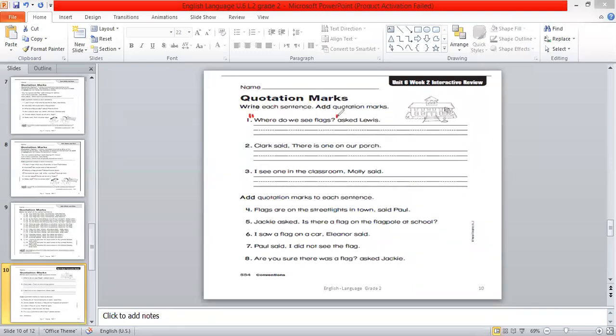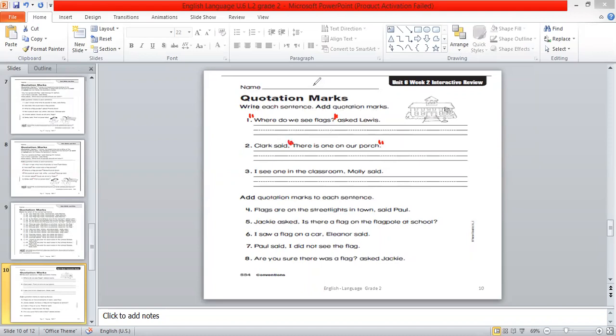And after the question mark. Yes. Number two, Clark said, there is no one on our porch. Yes, we find the word said here, so I'm going to write the quotation marks here, two, and the other two close the sentence.